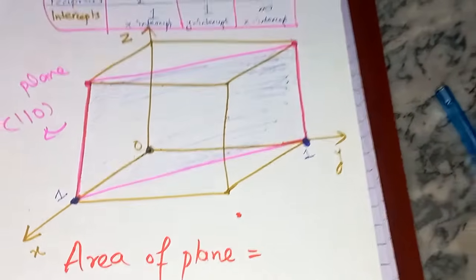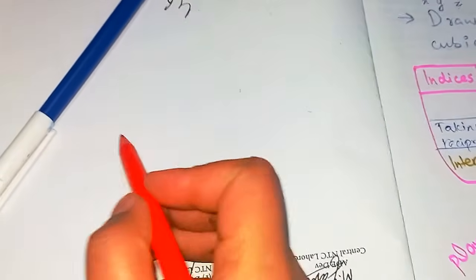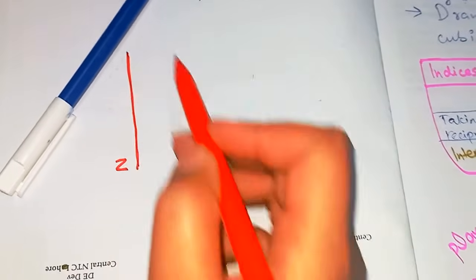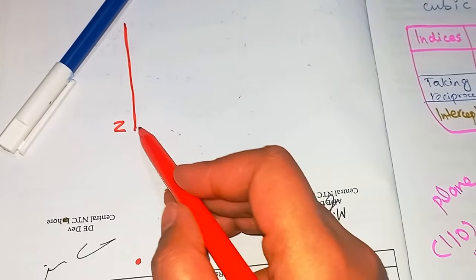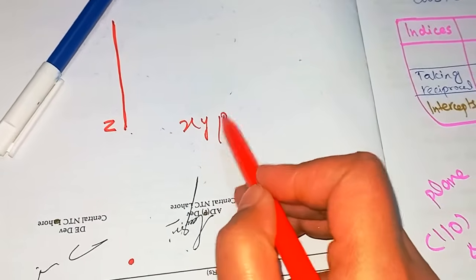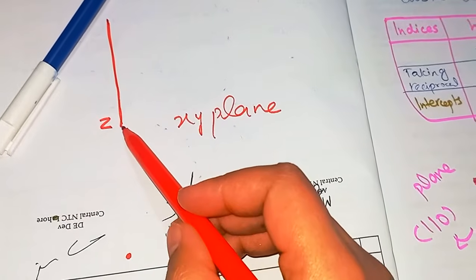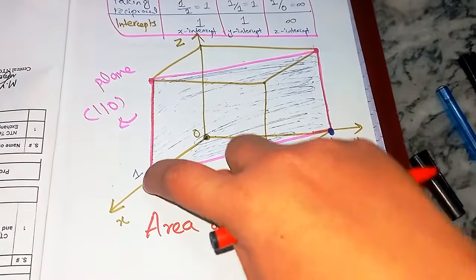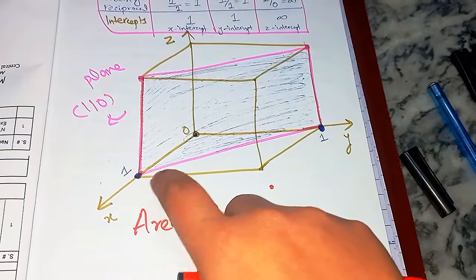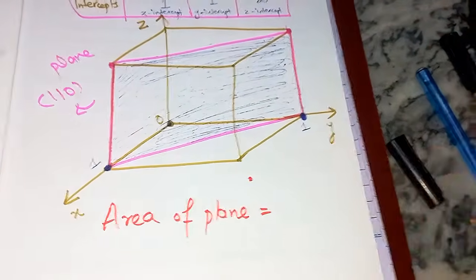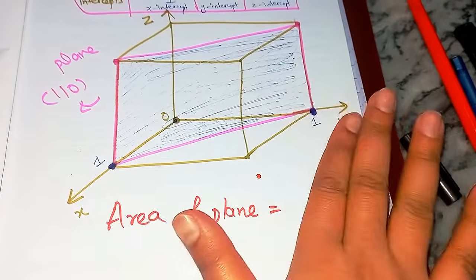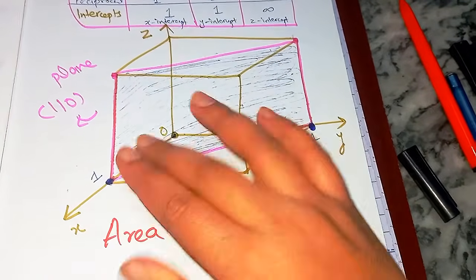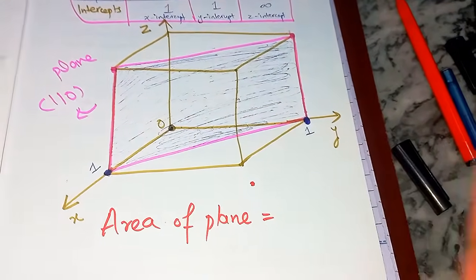Always keep in mind that if there is a line which is parallel to the z direction, wholly vertical, and another line which is lying anywhere on the xy plane, the angle between this vertical line and that random line on the xy plane is always 90 degrees.